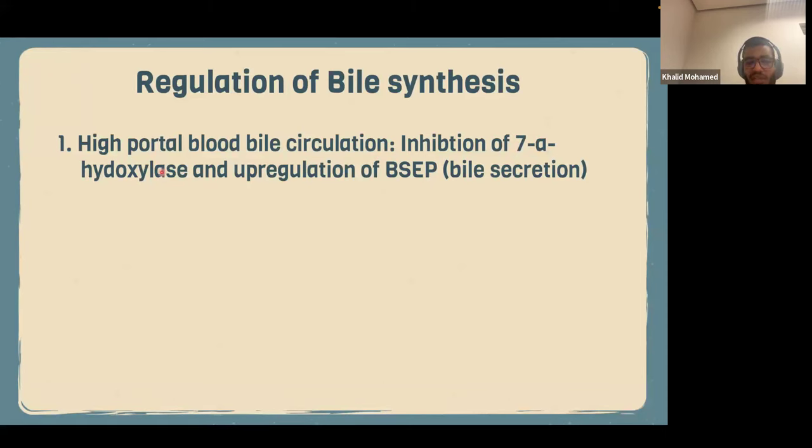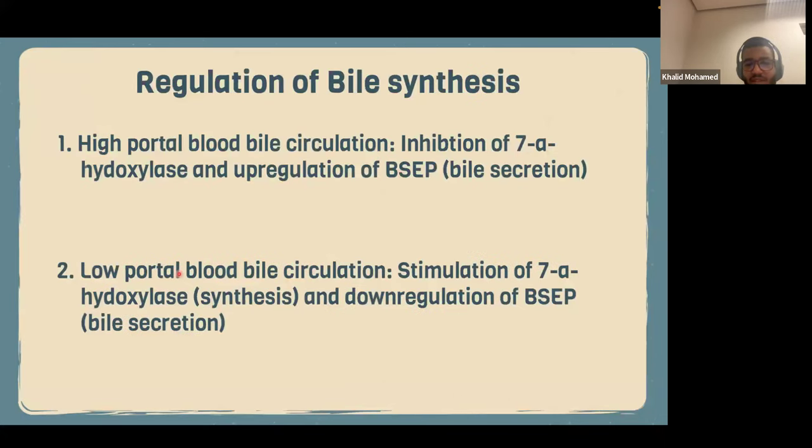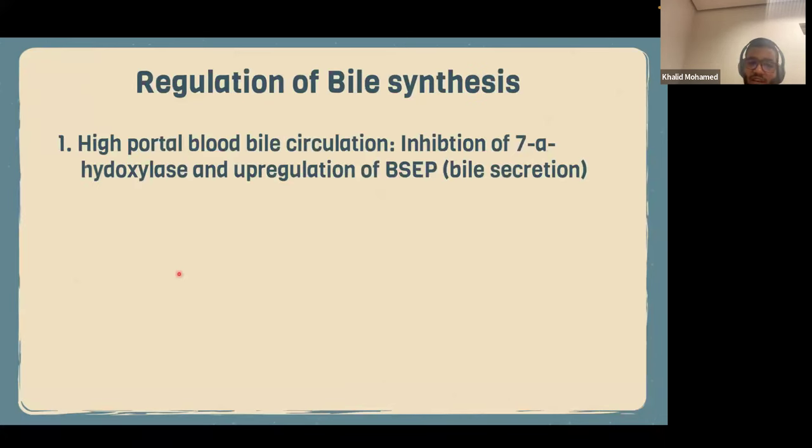We don't need more bile. So we'll inhibit 7-alpha hydroxylase and upregulate BSEP, this channel, so more bile will be secreted. It makes sense. There's no need to memorize anything in this lecture. Just understand the flow and the story of how bile circulates and what happens at which step.